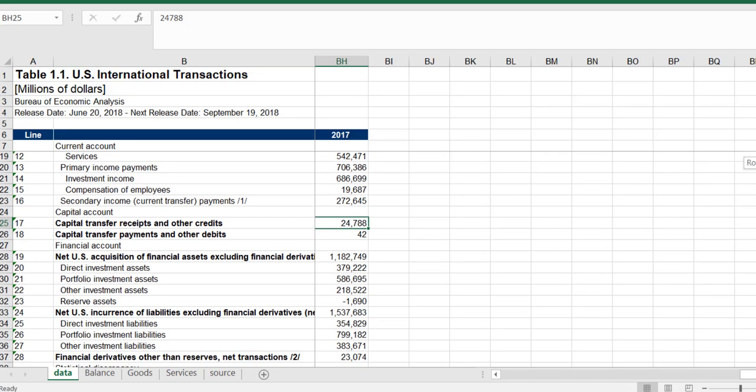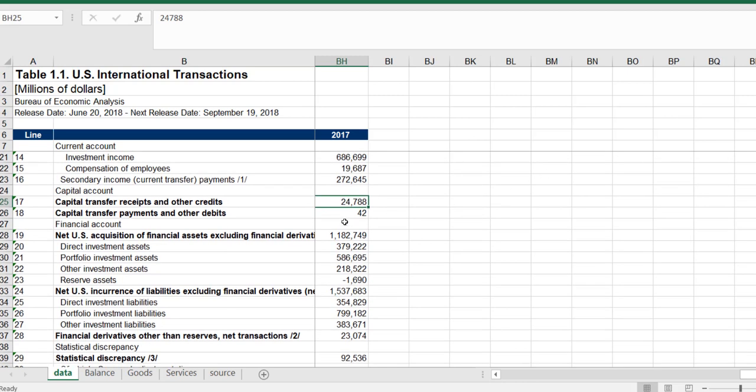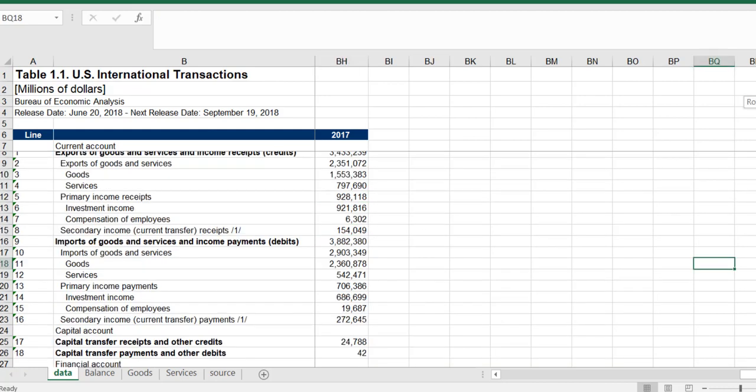So when it comes to the capital account, we have about 25 billion of transfer receipts and only 42 million of transfer payments. The financial account.